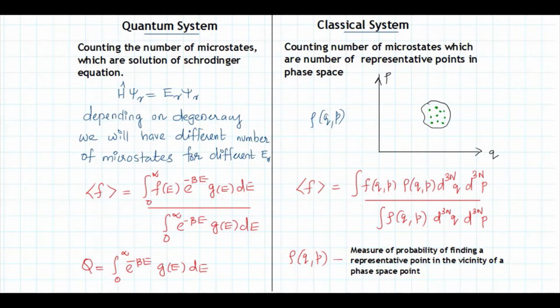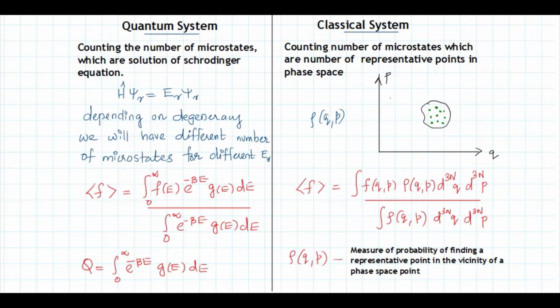Now, what is the meaning of rho of q p? Rho of q p is a measure of the probability of finding a representative point in the vicinity of a phase point. What is the meaning of that? If you consider a phase space point somewhere here, and you consider an elemental volume around that point, there are some representative points inside this volume.